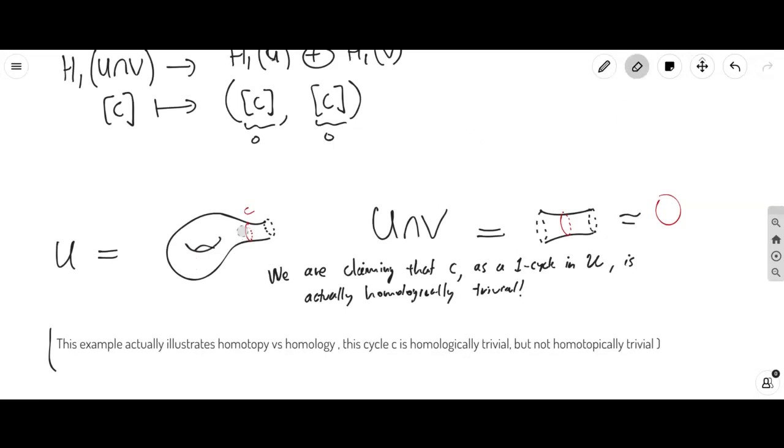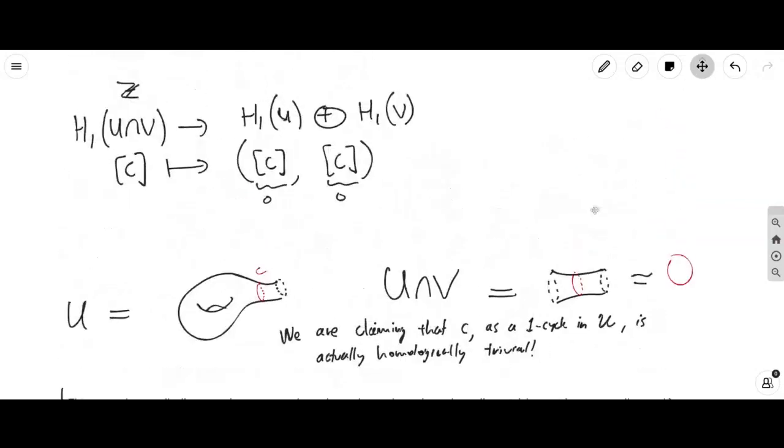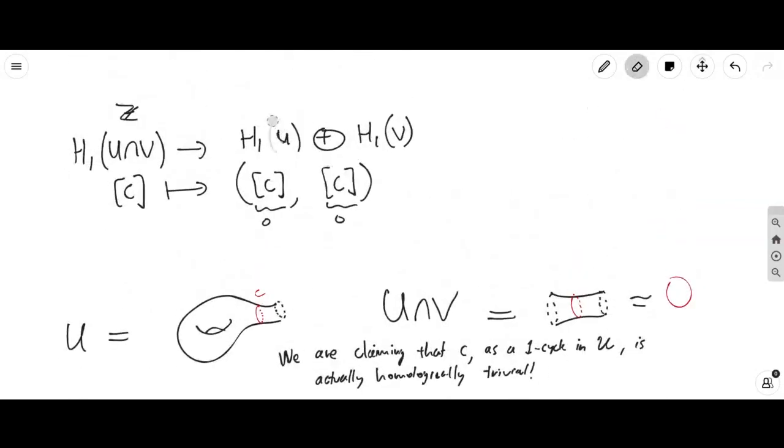So I'm claiming that C becomes trivial. Now, this is a little bit surprising, but let's draw some pictures and talk about the homology group of U. The first homology group of U, we know, is isomorphic to Z plus Z. So that means we have two generator loops. In our picture, it would go like this.